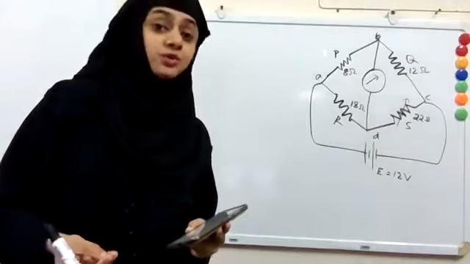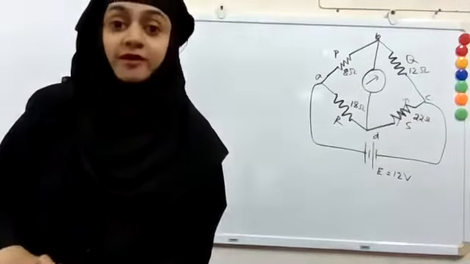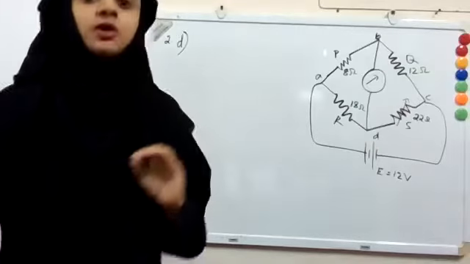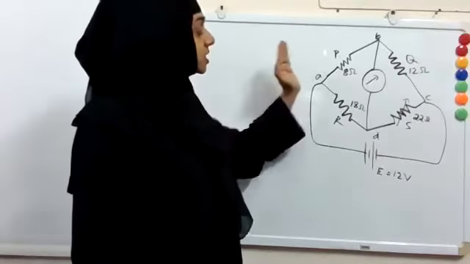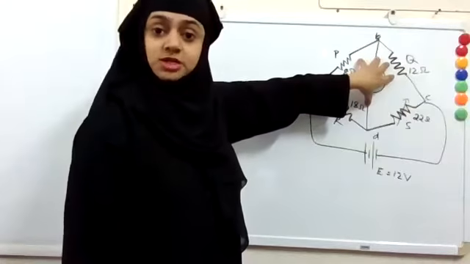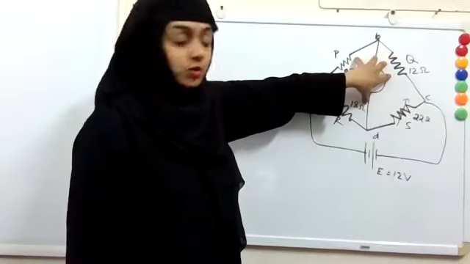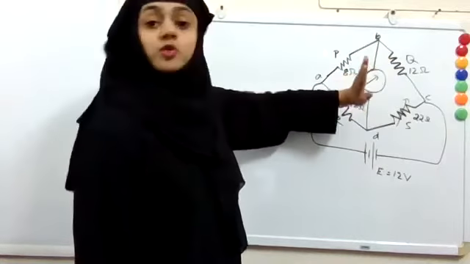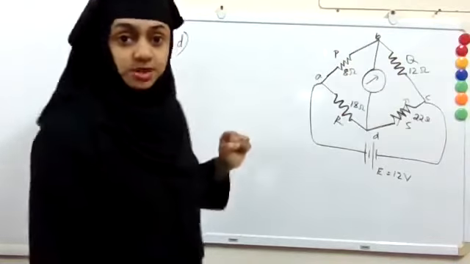Justify. That was the question, right? So what you have to do in the first case is you will have to redraw this diagram without the galvanometer. So let me show you how this diagram will look without the galvanometer.